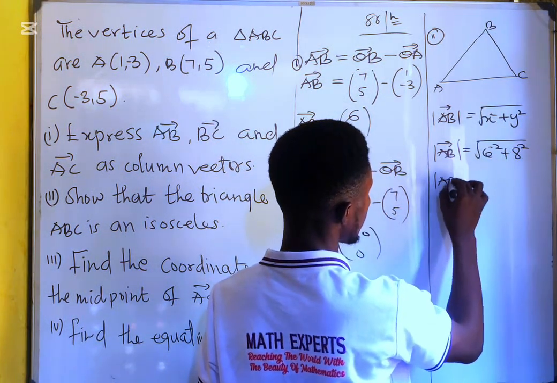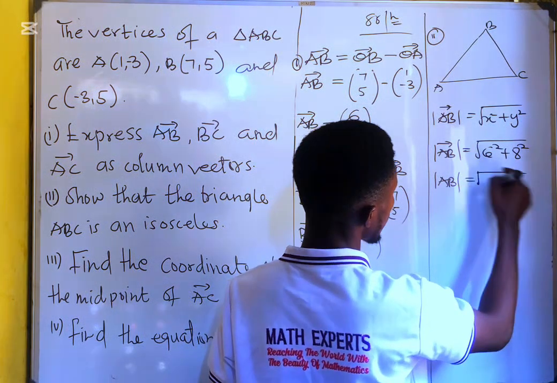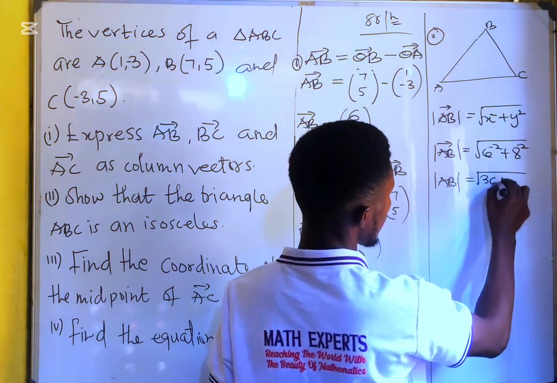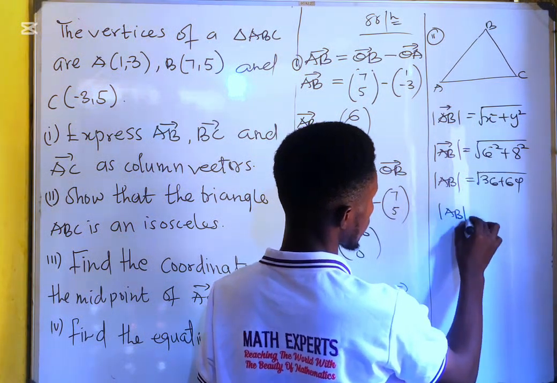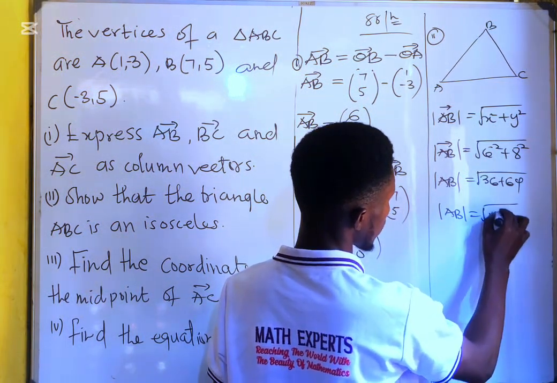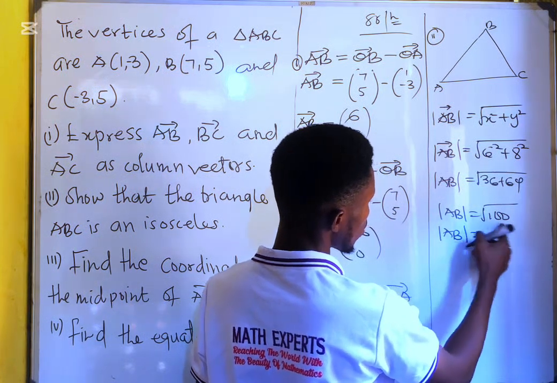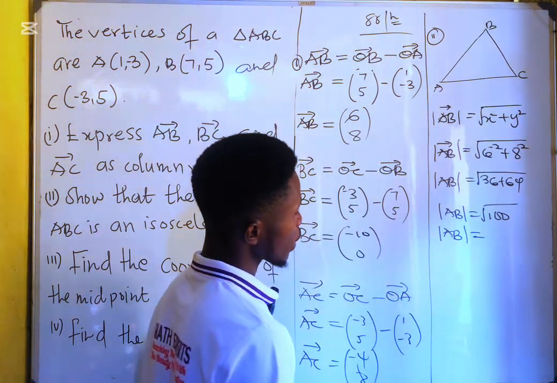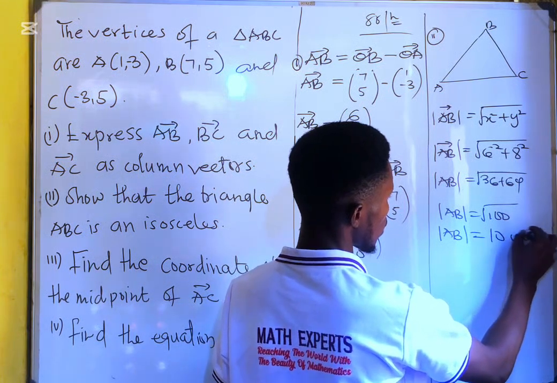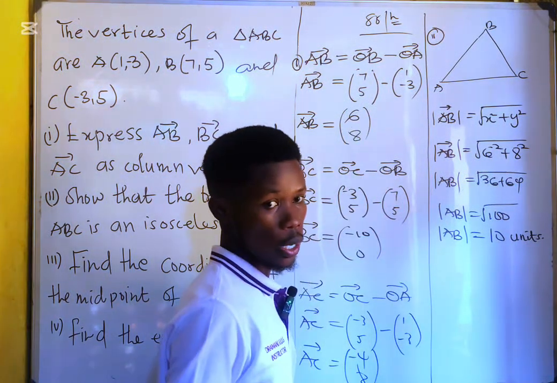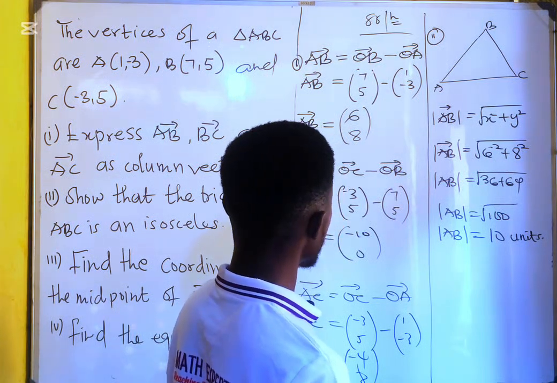So AB will be equal to square root of 6 squared is 36 plus 64. So AB will be equal to, is it 100? Yes. So AB is square root of 100, which is 10 units. Yes, you have to bring the unit. Okay, you don't know the unit, so you just write unit there. You don't know whether it's centimeters or meters or whatever.